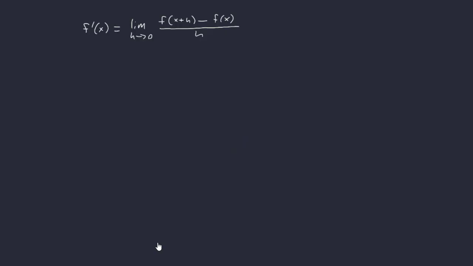Okay, so now that we have that idea that the limit of a vector valued function you can just take component-wise, we can actually define the derivative, because all the derivative is, say f prime of x, is a limit. It's the limit as h goes to 0 of f of x plus h minus f of x all over h.